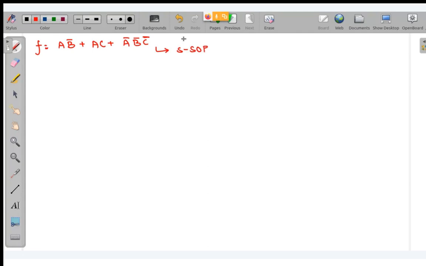Write very quickly. So write this in standard SOP.